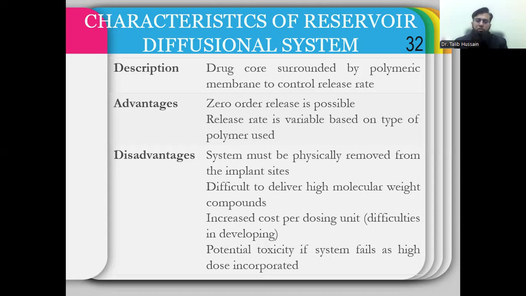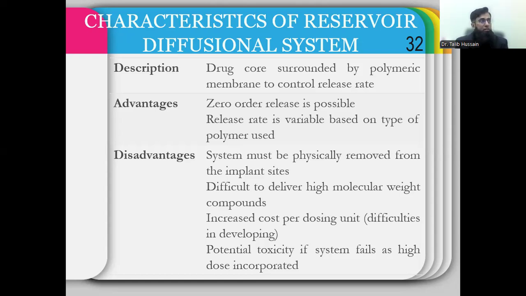Thirdly, if we are using such a polymer which is not degrading biologically, it will have a higher cost. We will have to develop a sophisticated coating system. We will have to adjust its pores very specifically. We have to develop a polymer very specifically. So its cost will be increasing.